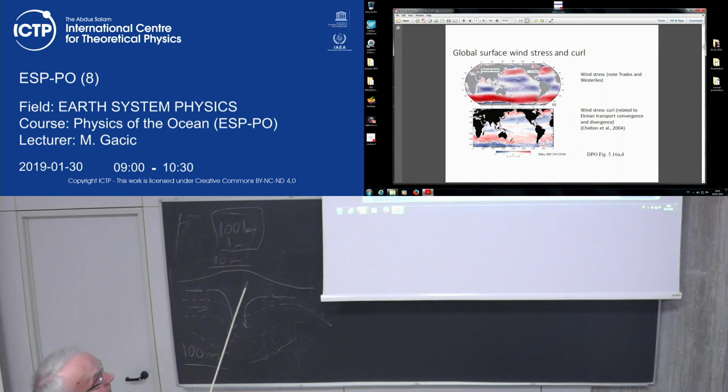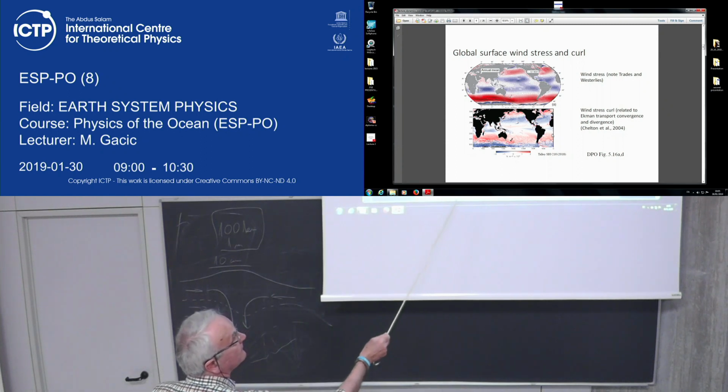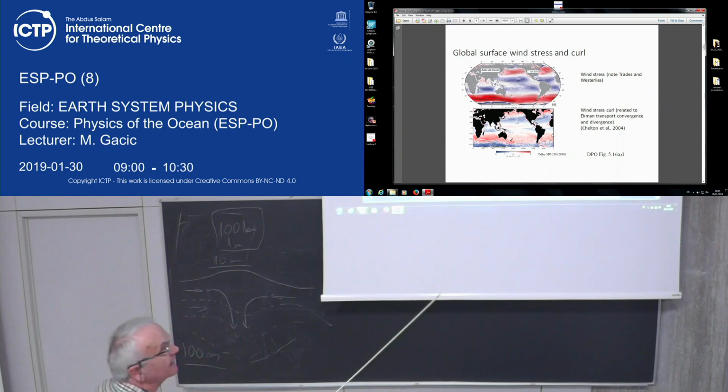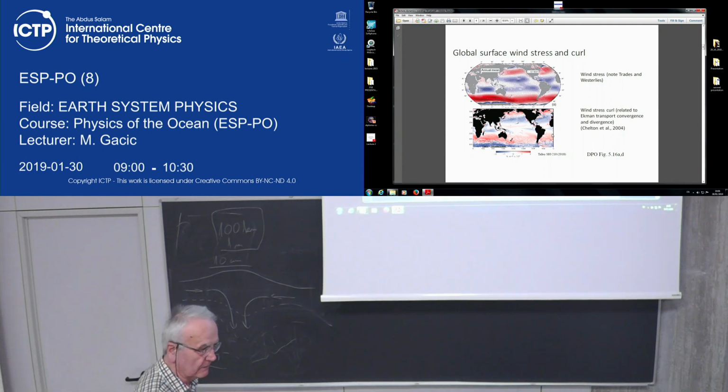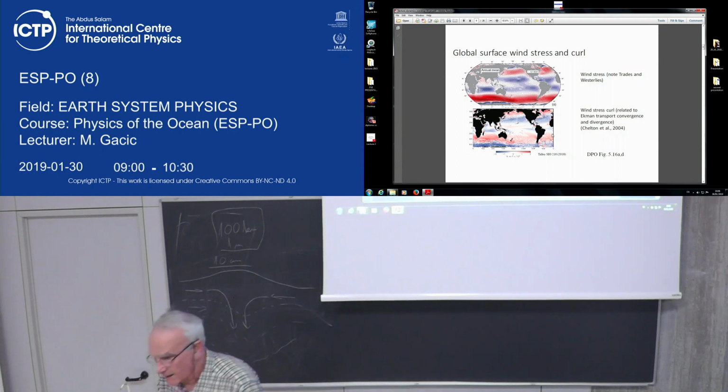Then certainly the negative wind stress curl corresponds to the anticyclone, and positive wind stress curl corresponds to the ocean cyclone, a cyclonic gyre, and an anticyclonic gyre.